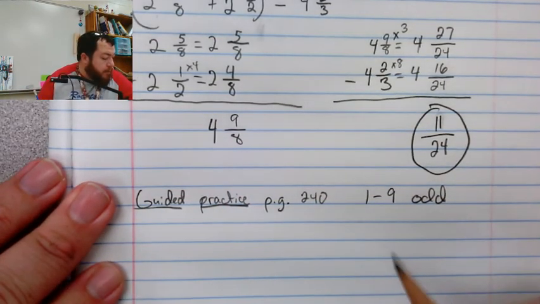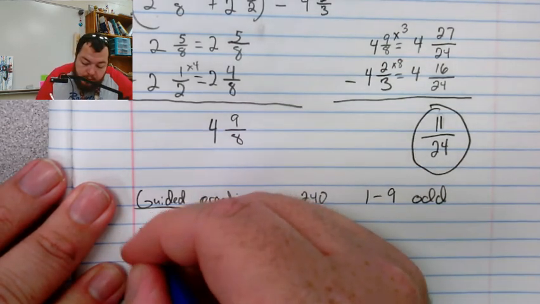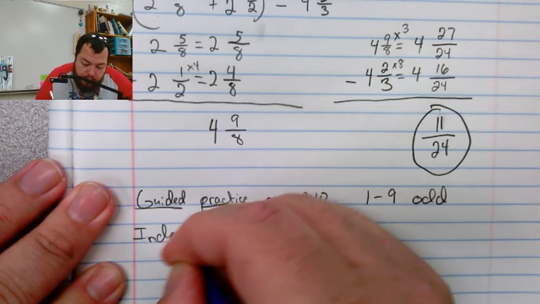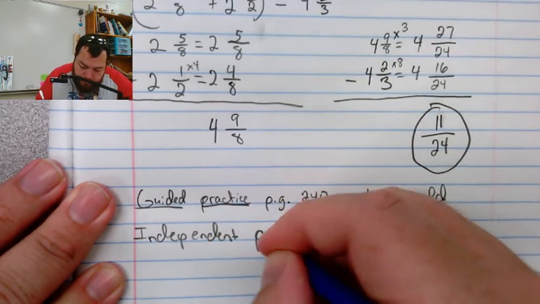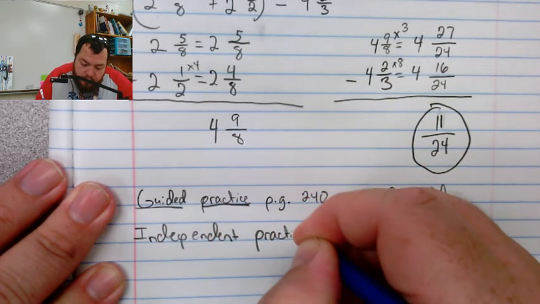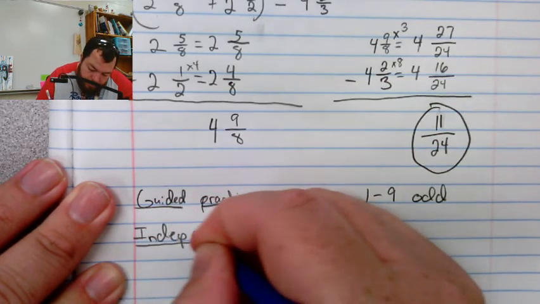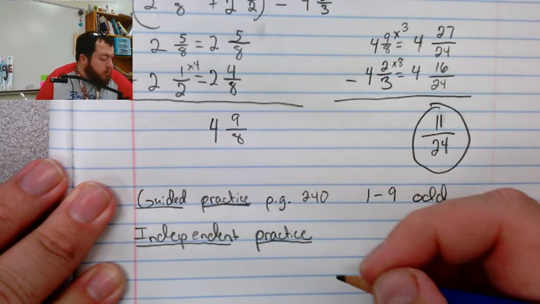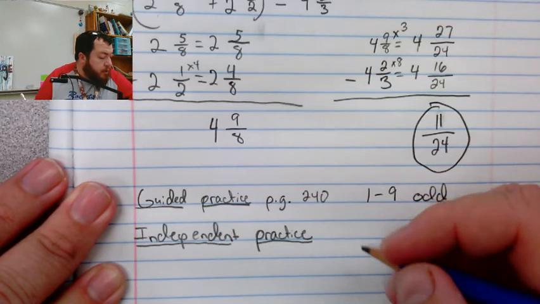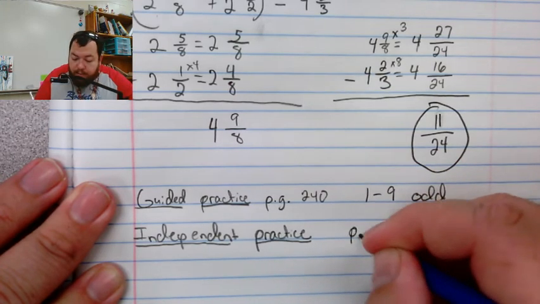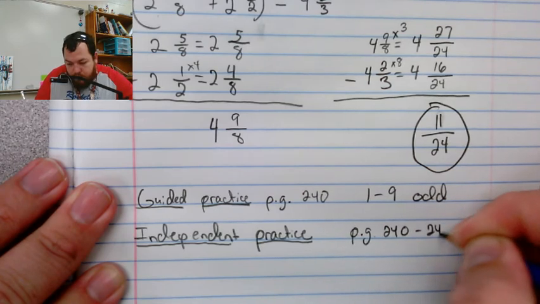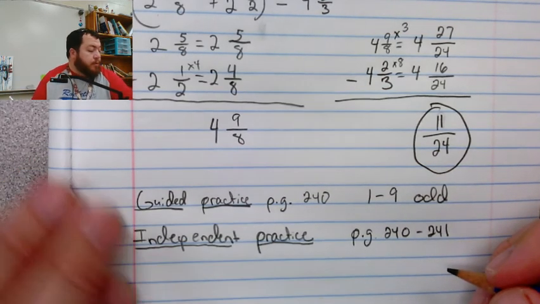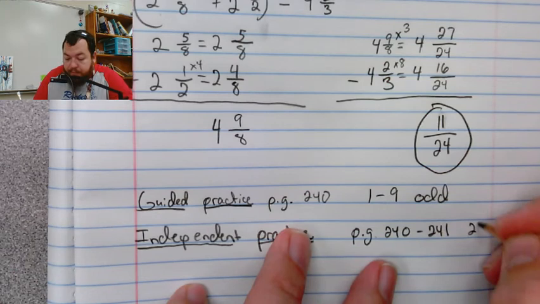And then for independent practice, I would like you guys to do page 240 and 241, number 23 to 32.